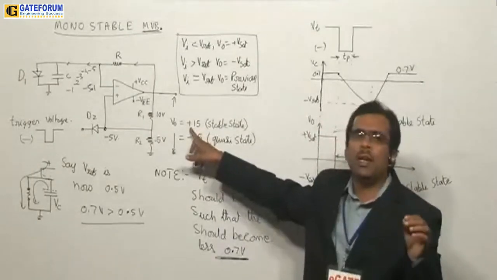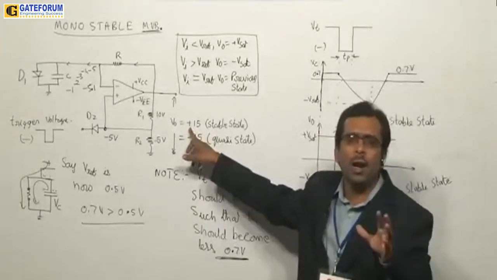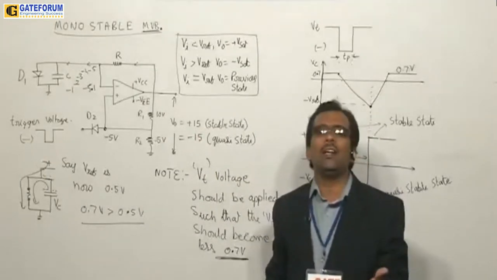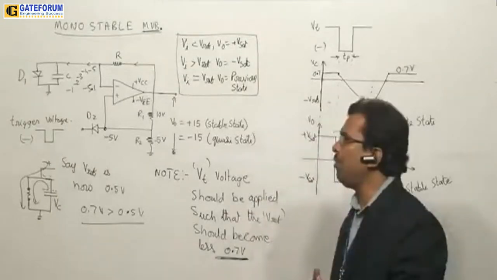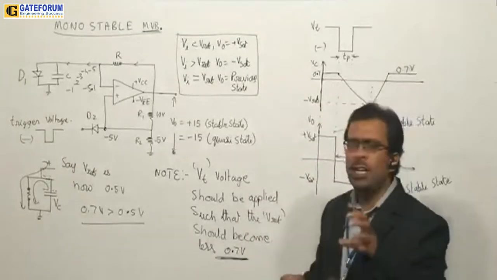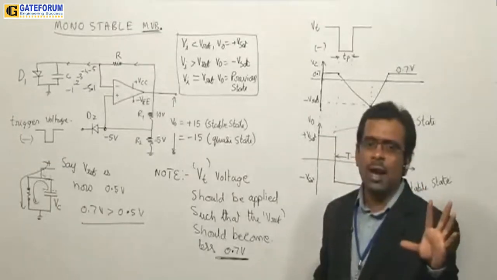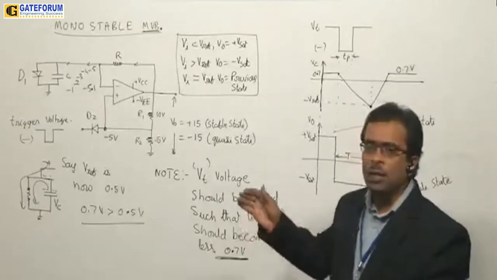When it is in plus Vsat, the diode D1 will be on. Therefore, the capacitor will not get the opportunity to charge more than 0.7 volts. As it does not get the opportunity to charge more than 0.7 volts, the capacitor voltage will be clamped to 0.7 volts forever, as long as diode D1 is on.